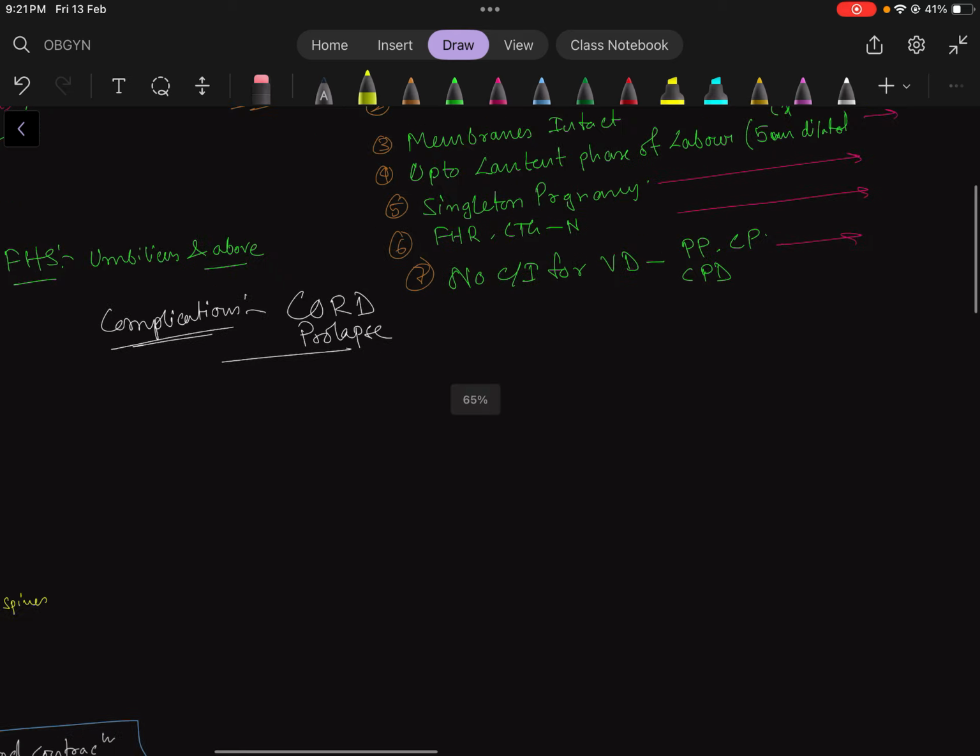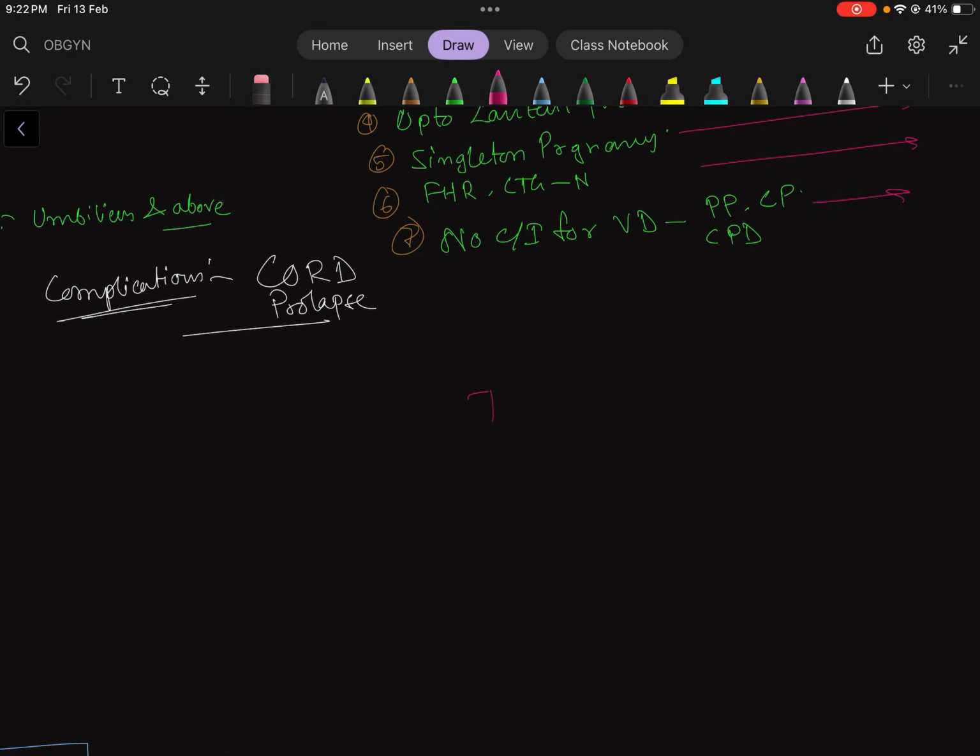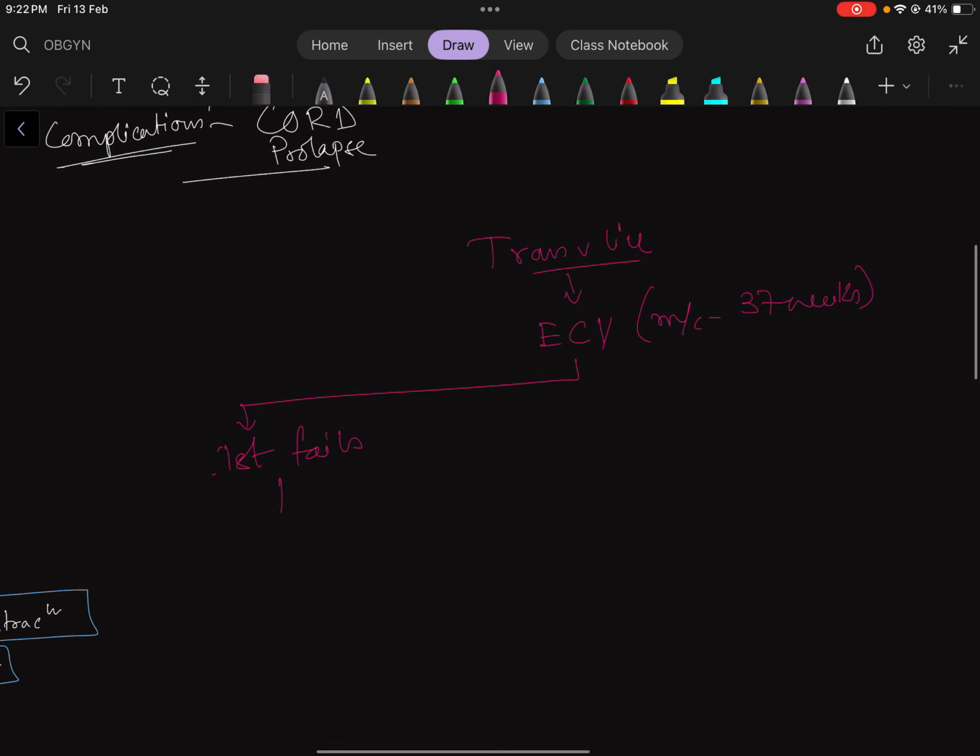So to sum up the management: if there is transverse lie, we first go for external cephalic version, most commonly at 37 weeks at term. If the first attempt fails, we retry on another date.